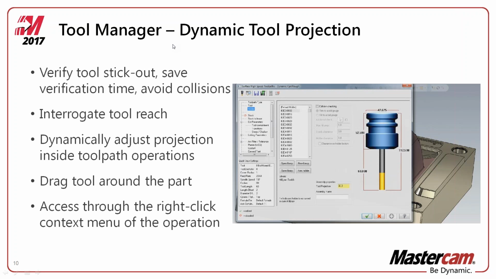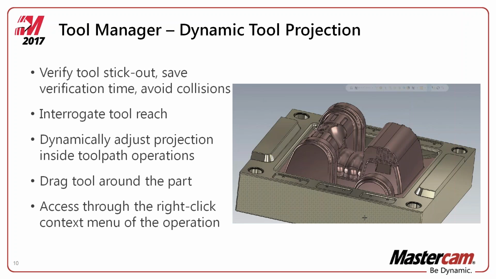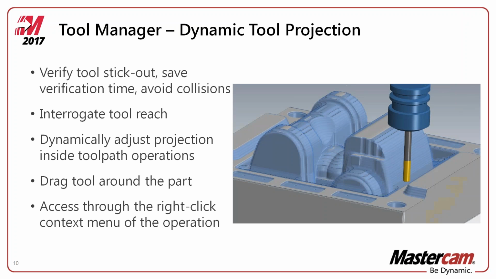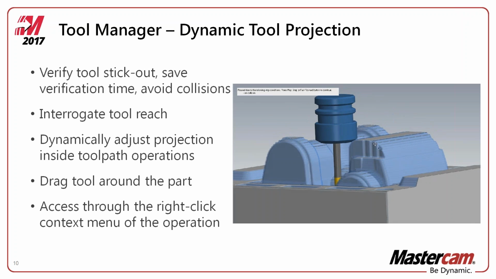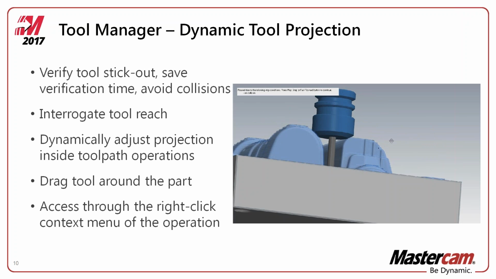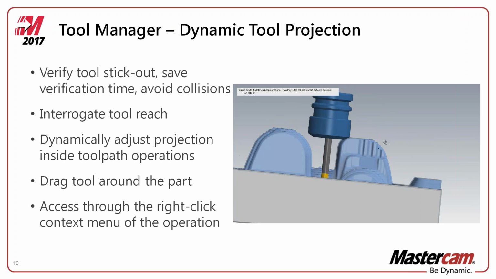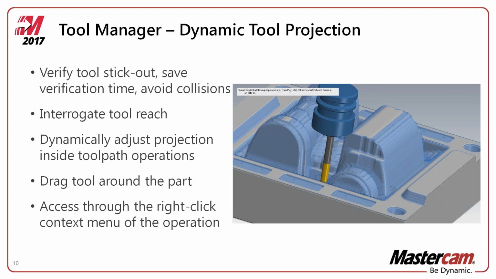If you're not sure exactly if your tool is going to be colliding with your part, and you want to have as small a stick out as you can, and you go into verify and see that we're colliding with our part itself, what we can do is go into our toolpath and right-click on our tool, and we can see exactly where that tool is going to be in projection to the part. So you can see right now inside of verify we are colliding with that part, in fact.